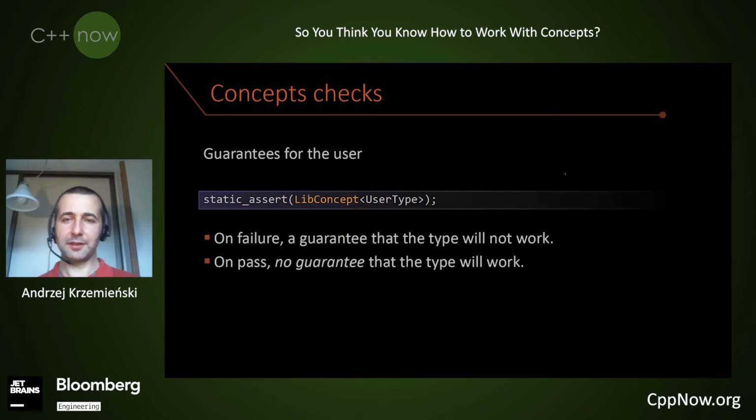And on the other side of the interface, from the user perspective, when you test if your type satisfies the concept and you get a compiler failure, yeah, then this is a guarantee that your type will not work with my algorithm. But if the check like this returns true, it is no guarantee that your type will work with my algorithm.